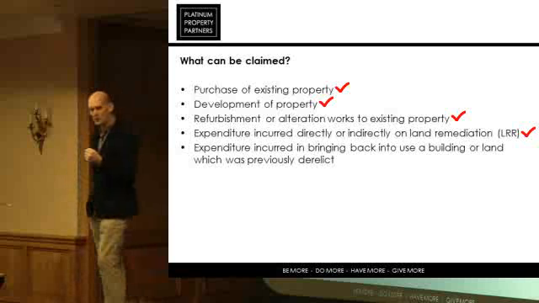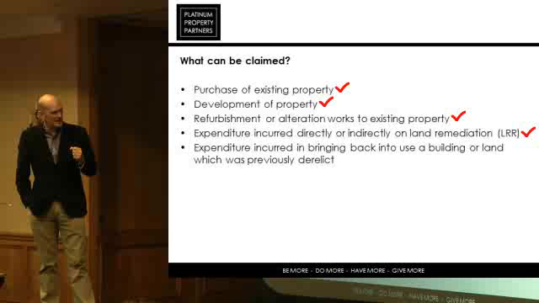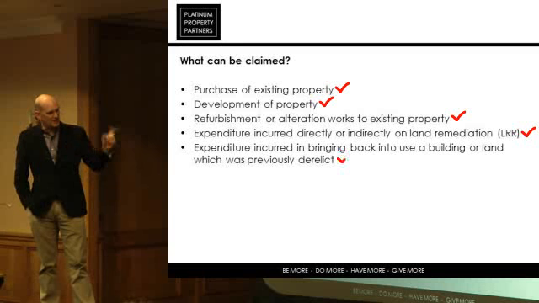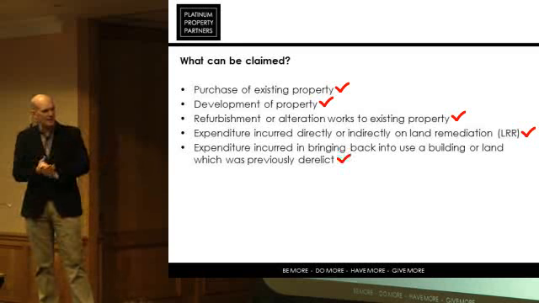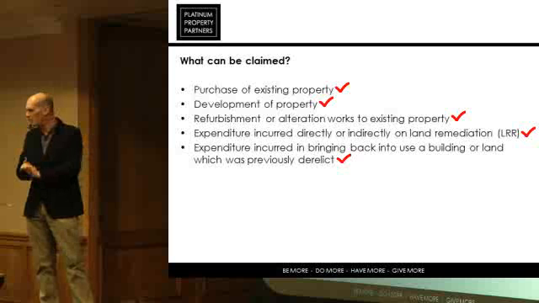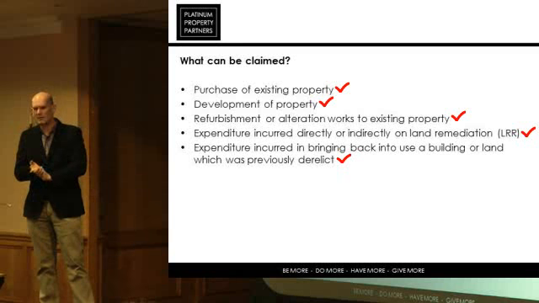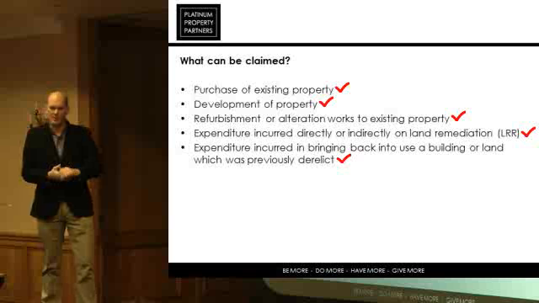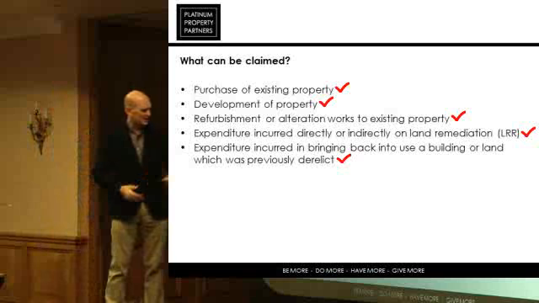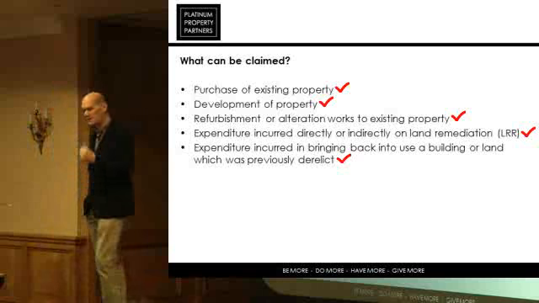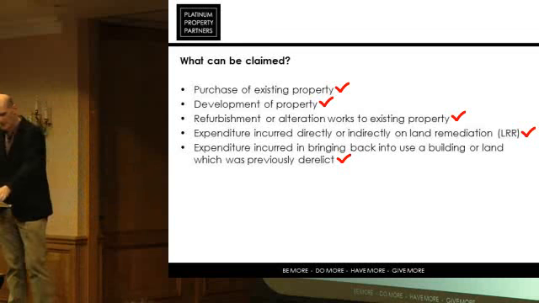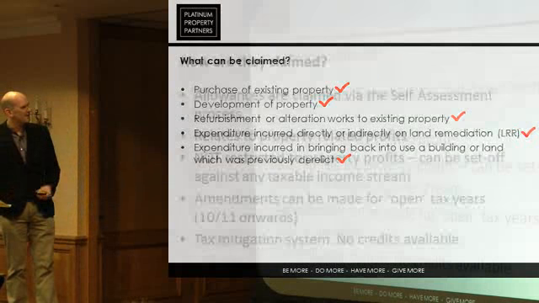We'll let you know a bit more about that a bit later. And again, expenditure incurred in bringing back into use a building which was previously derelict. Who enjoys looking around a nice derelict building? Yeah, be honest, we all do, don't we? I should keep an eye out for derelict buildings. There's some really good tax reliefs which I shall share with you.